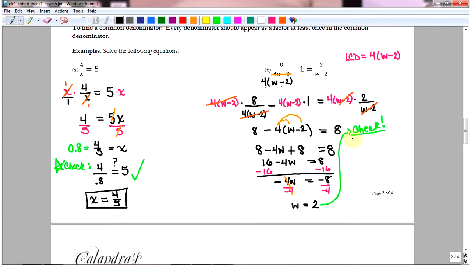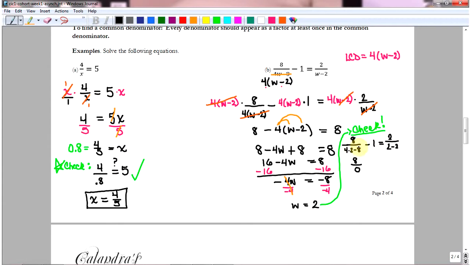So I have 8 divided by 4 times 2 minus 8, minus 1 is equal to 2 divided by 2 minus 2. Well, I'm seeing what's going to happen when I simplify my denominator. I'm going to end up with 0 in the denominator.